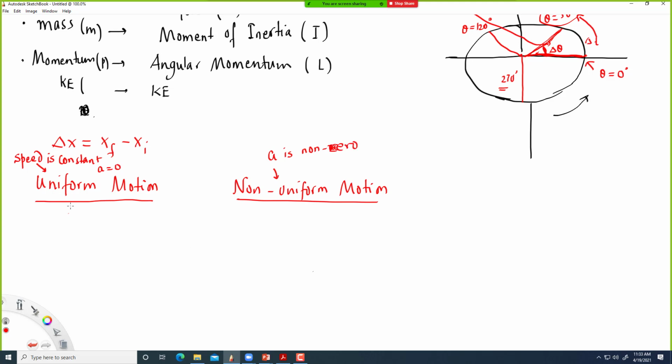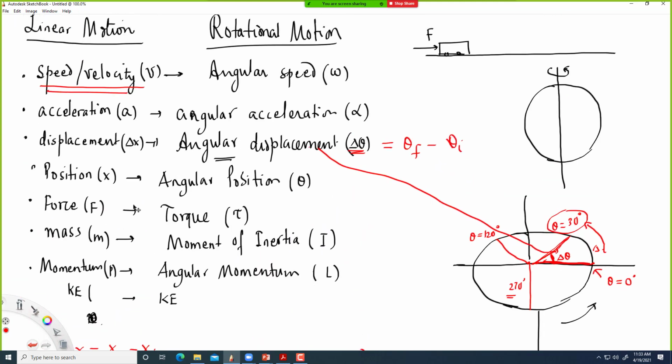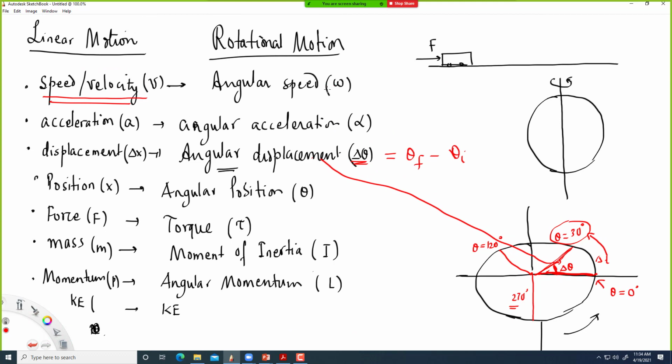So for uniform motion, there's only one formula, which is V is equal to displacement over time. For this one, this is the linear part, but for angular motion, the equation would be V is omega. If you look at the notations I wrote on the top here, V is replaced by omega, A is replaced by alpha, X is replaced by theta, F is replaced by tau.